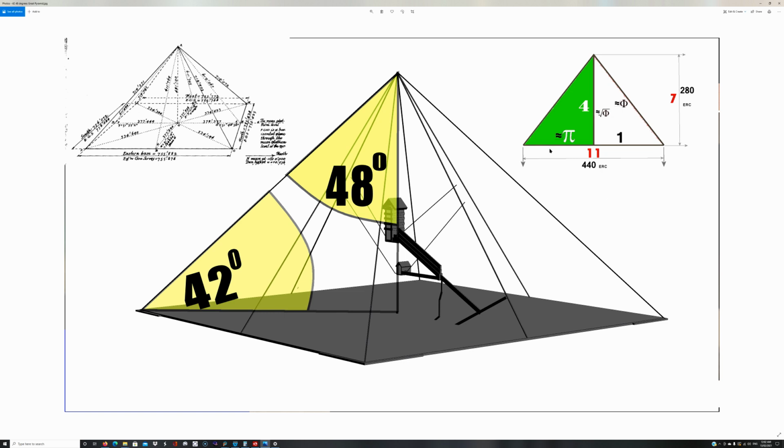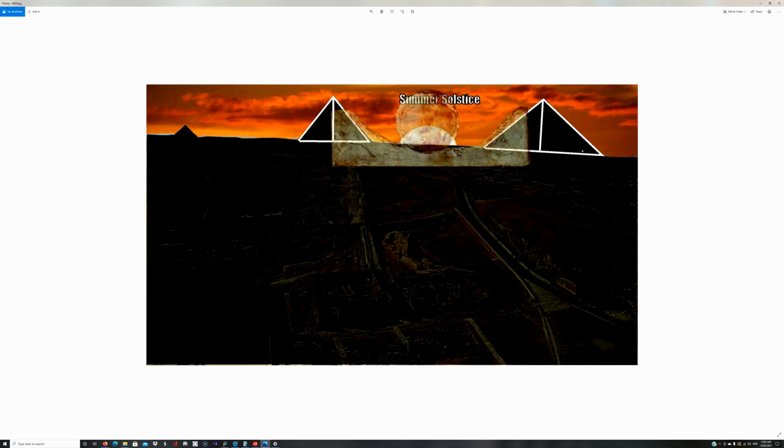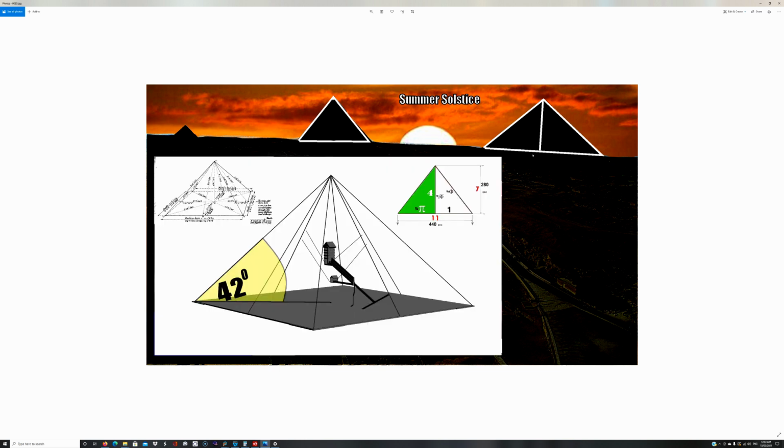So based on the 7-11 idealised proportions, again, viewed from that point, we would see like a cross section of Khafre pyramid, but we see the corner of the Great Pyramid. And again, that's a 42 degree angle. Strictly speaking, off idealized proportions, 11 wide by 7 high, that angle is 41.986 degrees.